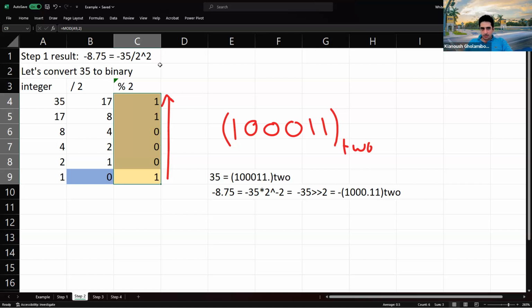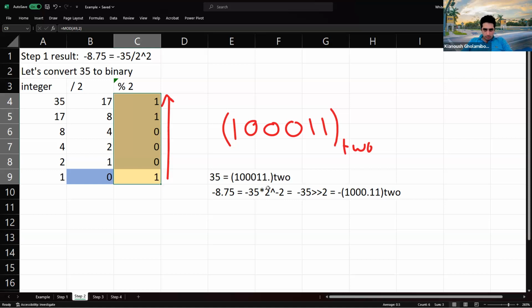Now let's take care of the denominator. And the denominator here is 2 squared, which means you have to shift your number 2 bits to the right, or equivalently move the binary point 2 bits in the opposite direction, to the left.